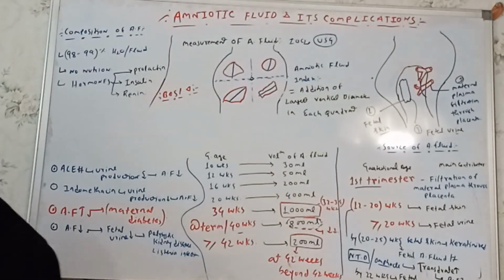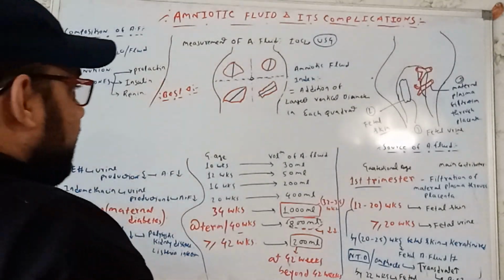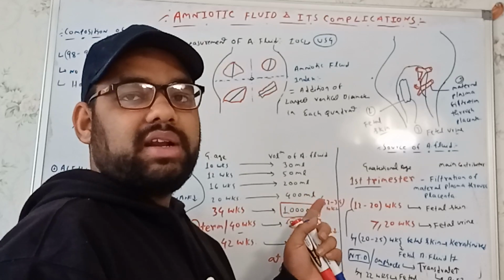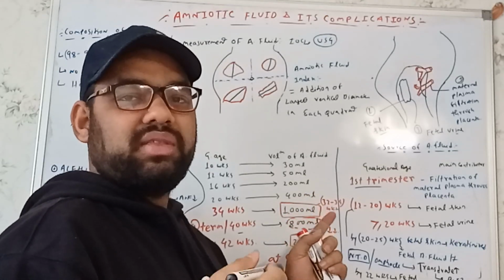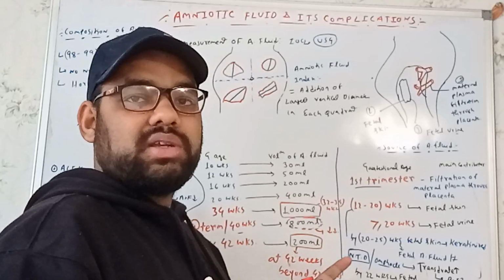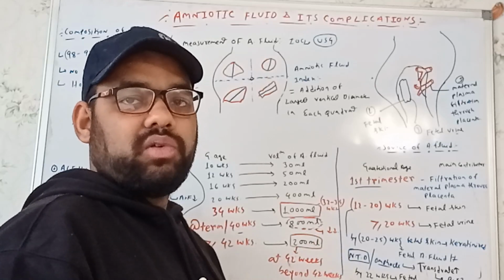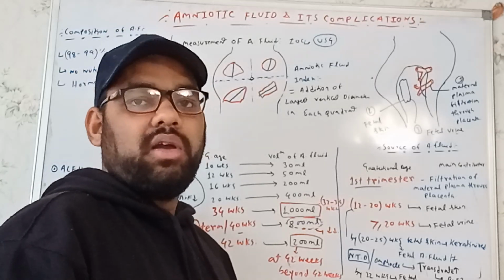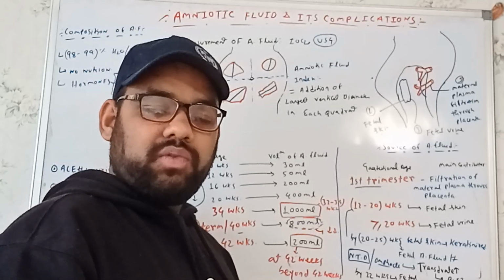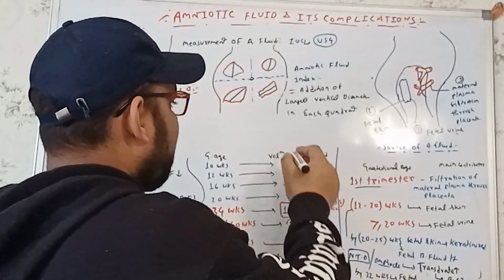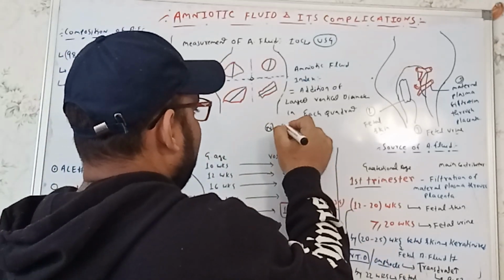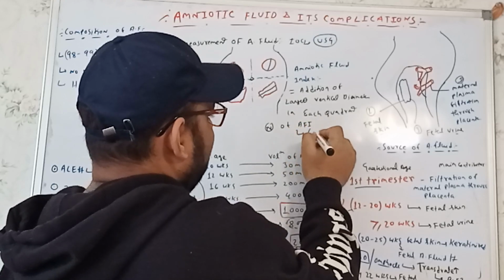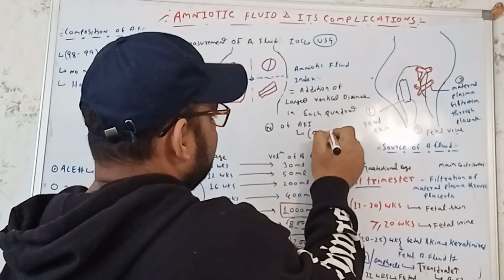So what did I say? After adding the largest vertical diameter in each quadrant, the normal range we are supposed to get is around 5 to 24. The normal value of amniotic fluid index will be from 5 to 24.